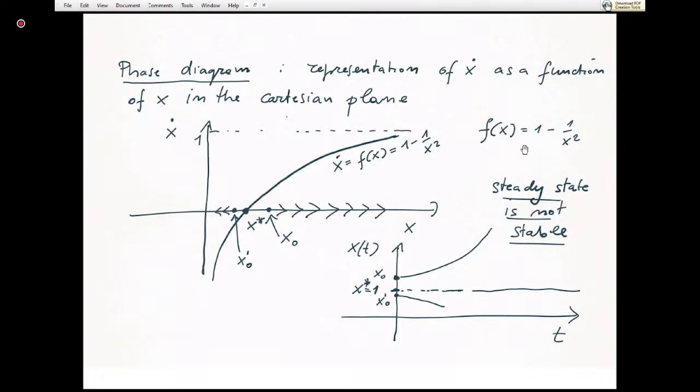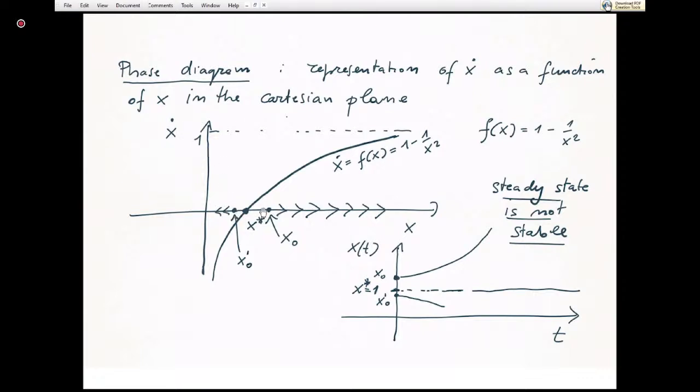A small deviation from the steady state is enough to make the system diverge, to go away from the steady state in the long run. This is a phase space representation. Phase space means that I check, time doesn't appear here because it is autonomous, I only check the level of the variable and accordingly the time derivative.